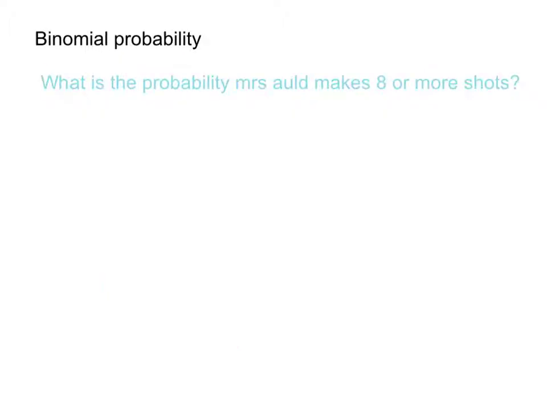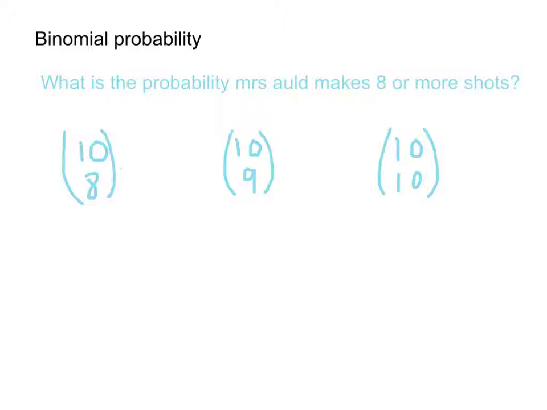If I wanted to figure out the probability I make 8 or more shots, that would be the probability that I make 8 shots, or I make 9 shots, or I make 10 shots. And so I would have to add 8 or 9 or 10 together. This would be 0.8, I made 8, times 0.2, I missed 2.